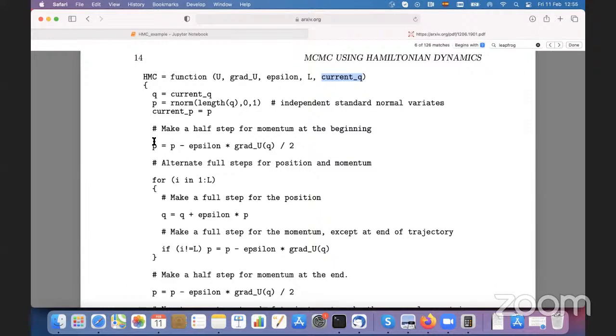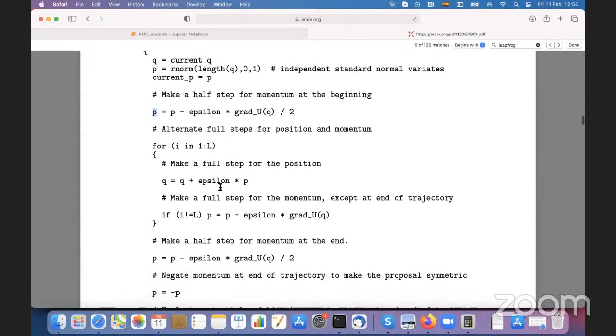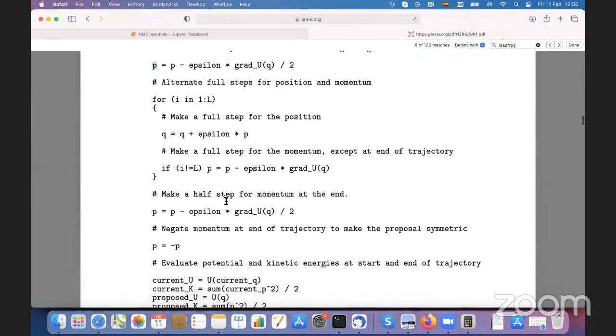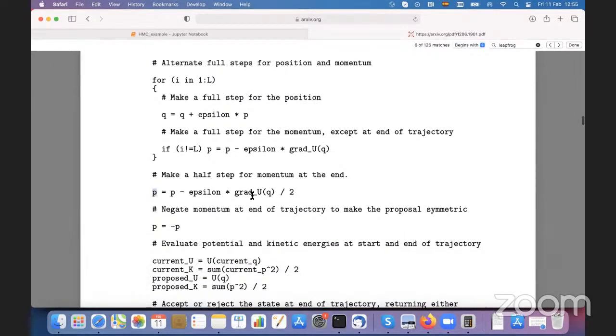Then it is just sampling P from the normal distribution, and implementing the leapfrog, which is making a half step for the momenta, then going along the whole trajectory, doing these alternating steps between P and Q with epsilon, and finally making a half step for the momenta again, as the leapfrog recipe gives you.